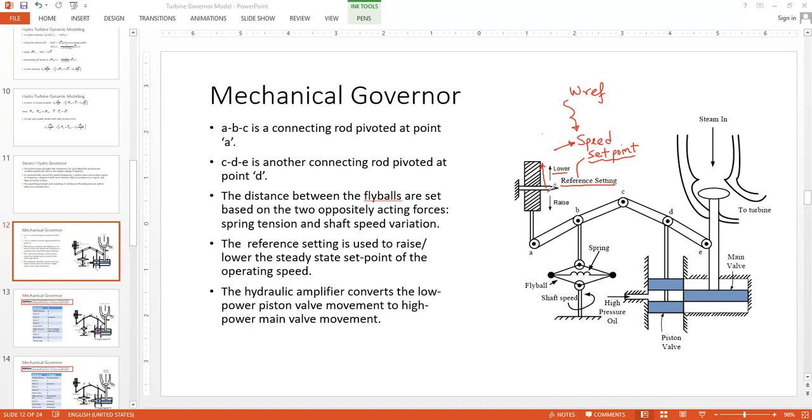And if I do the reverse, that means the pointer is moved towards the lower direction, then the speed set point would be raised. How would it be possible? We will explain it later on. So if I move the pointer up, I will have a lower speed set point. If I move this pointer down, then I would have a raised speed set point. This is the summary.